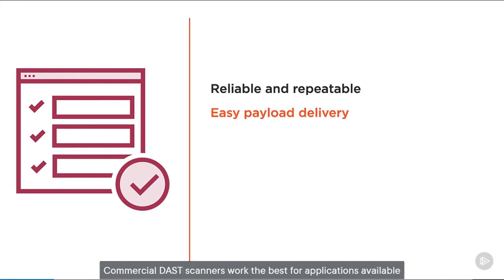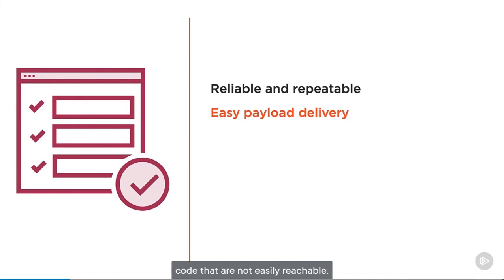Commercial DAST scanners work best for applications available through the network, such as web applications. It is difficult to use them to test those parts of our code that are not easily reachable. Using unit tests instead allows for much easier delivery of malicious payloads to the application.